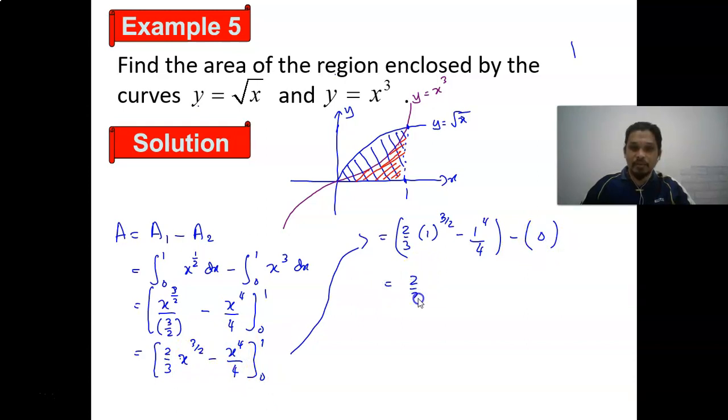So 2 over 3, 1 to the power of 3 over 2 is still 1, so 2 over 3 minus 1 over 4. Common denominator 12: 2 times 4 equal to 8, minus 1 times 3 equal to 3. So 8 minus 3 is 5 over 12 units squared.